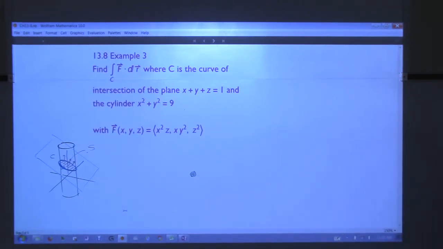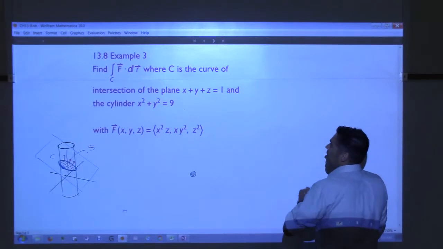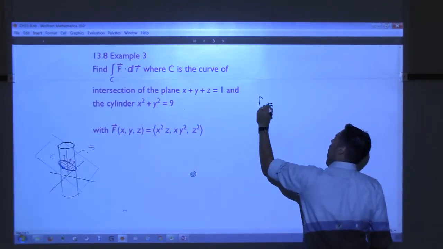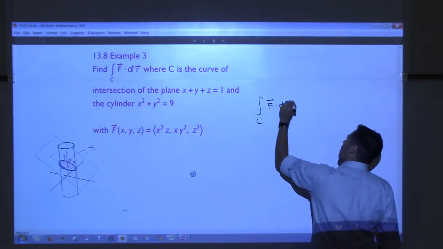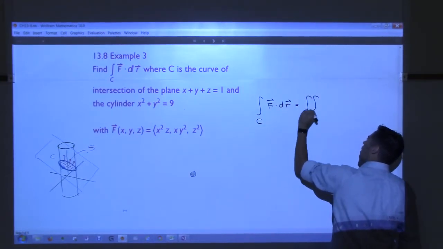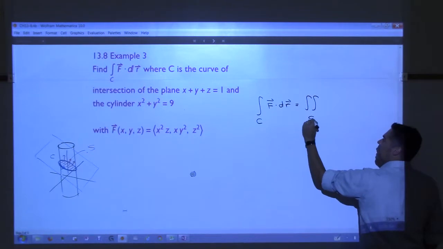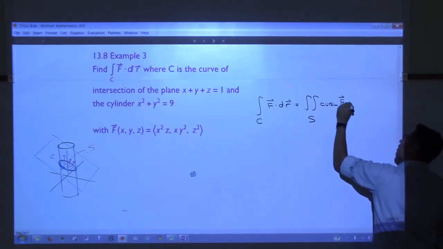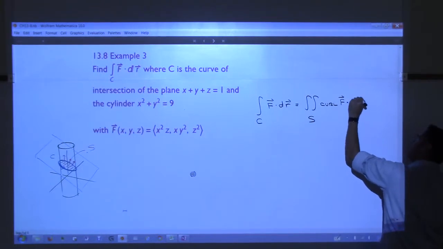Okay, so the theorem from last class says that if we have a line integral over a closed curve, f dot dr, this becomes the double integral over S of the curl of f dot dS.